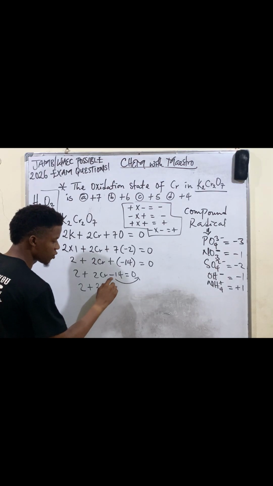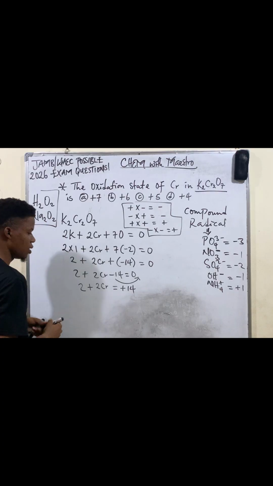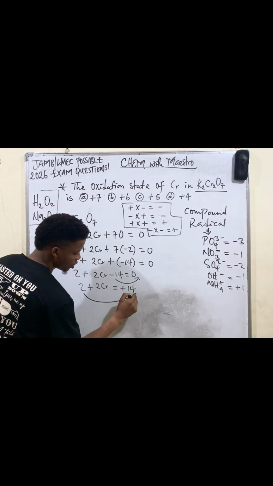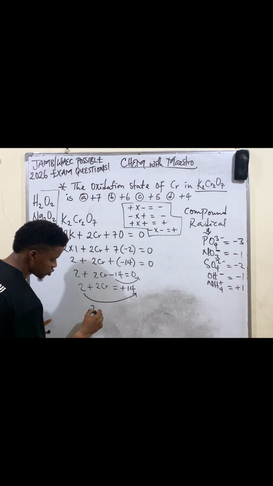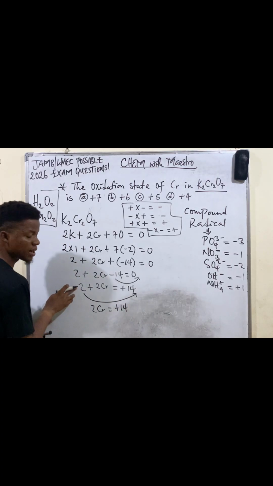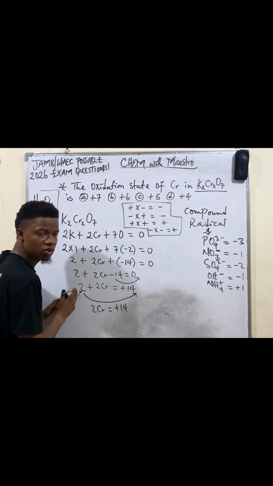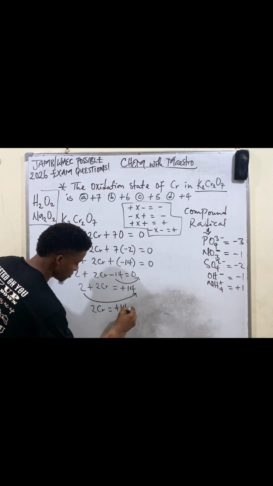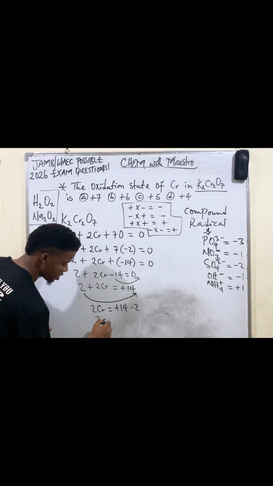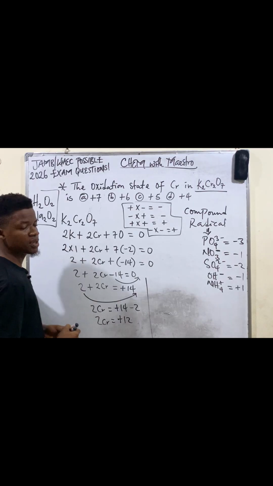So minus 14 crosses over, it becomes plus 14. Now plus 2 we cross over, so you now have 2Cr is equal to plus 14 minus 2, which will give you 2Cr is equal to plus 12.